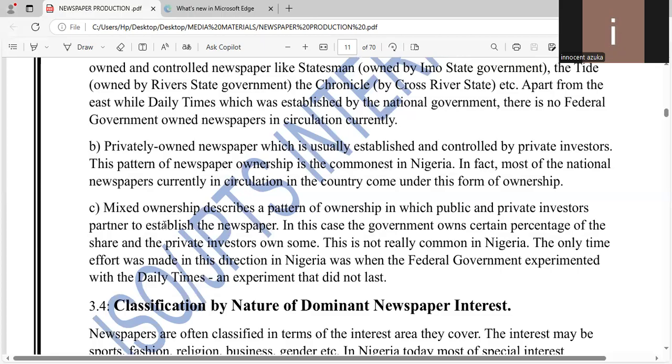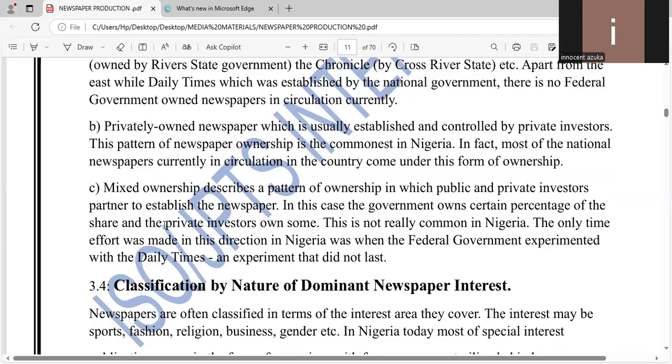This is not really common in Nigeria. The only time an effort was made in this direction was when the federal government experimented with the Daily Times, and it did not last.